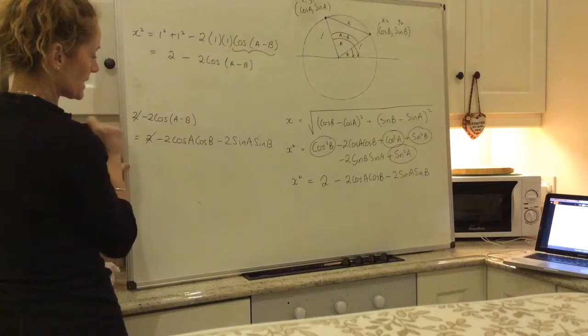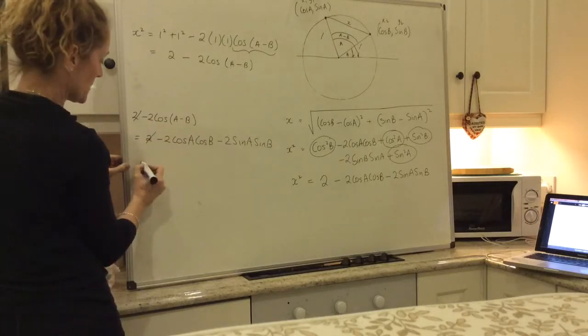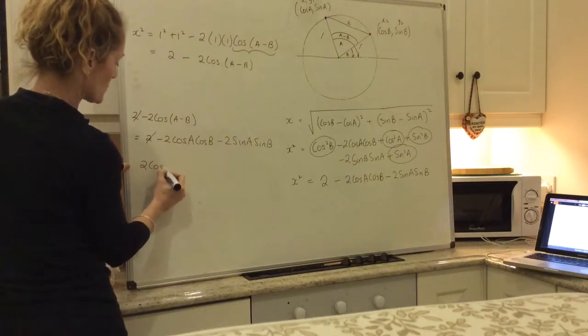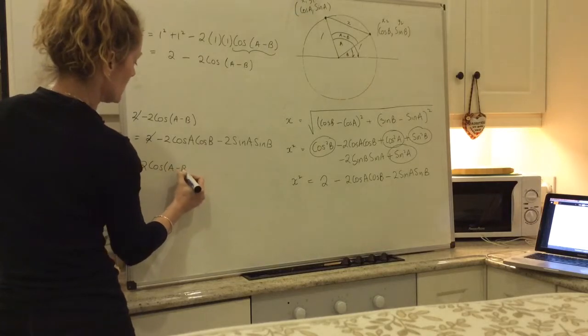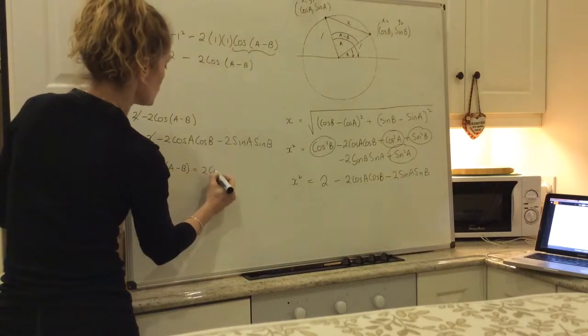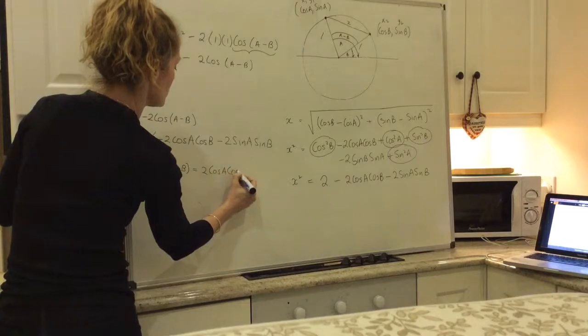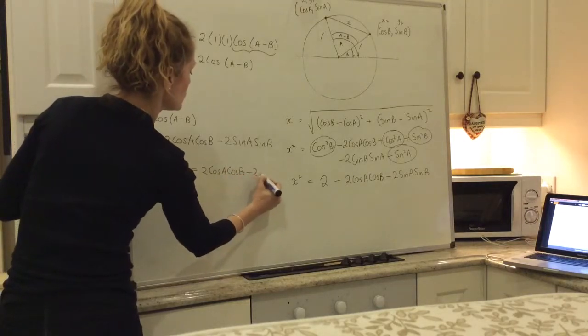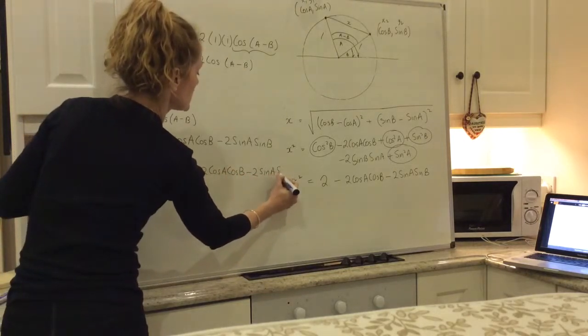We can multiply both sides by minus 1 to change the sign, so we get 2 cosine A minus B is equal to 2 cosine A cosine B minus 2 sine A sine B.